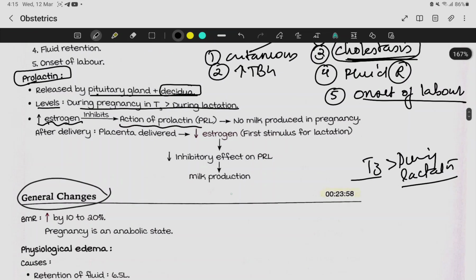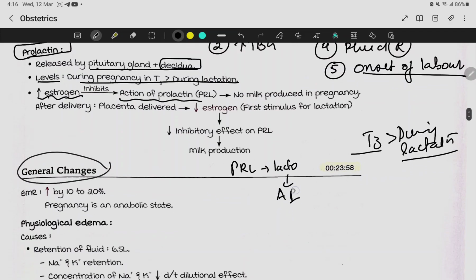Prolactin is secreted by the lactotroph cells of the anterior pituitary, right? So the anterior pituitary plus the decidua, which is the endometrium of pregnancy, is responsible for formation of the prolactin hormone.